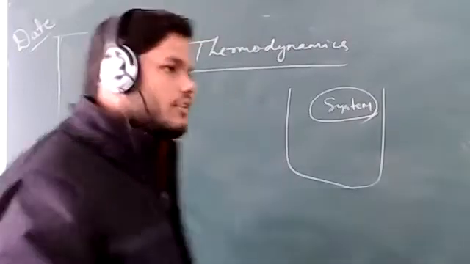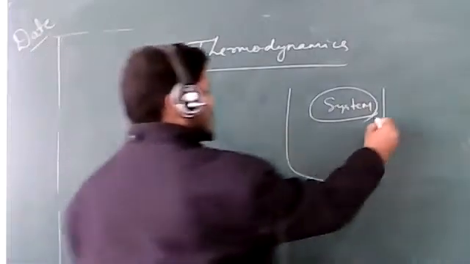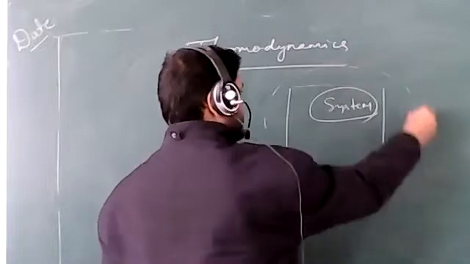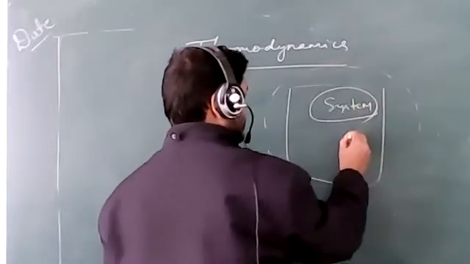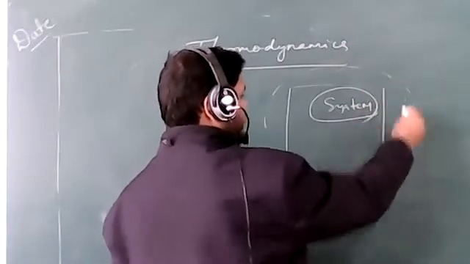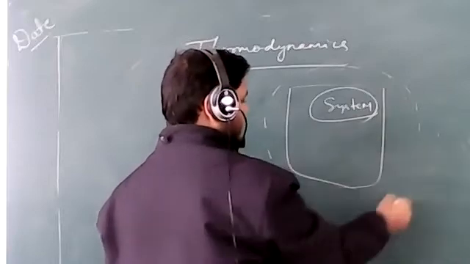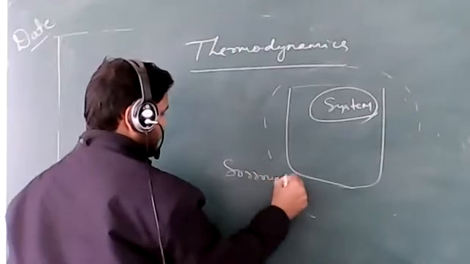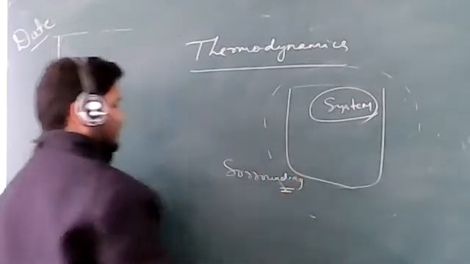Whatever substances are outside the system are considered the surrounding for that particular system.